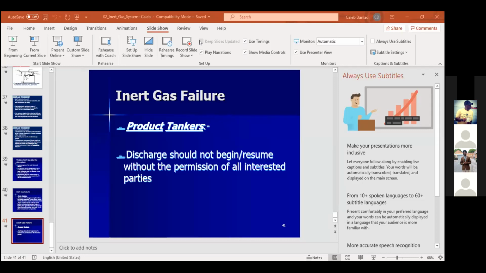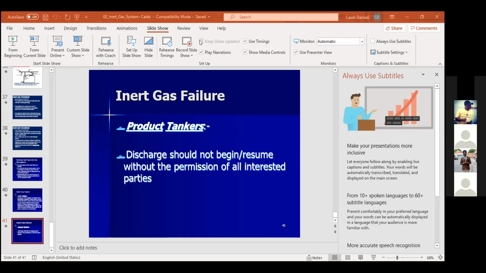I just want to add that there are times when you are loaded 100% cargo in the compartment, you do not have any ullage space where the inert gas has to occupy. So in that situation, there is actually no need for inert gas.